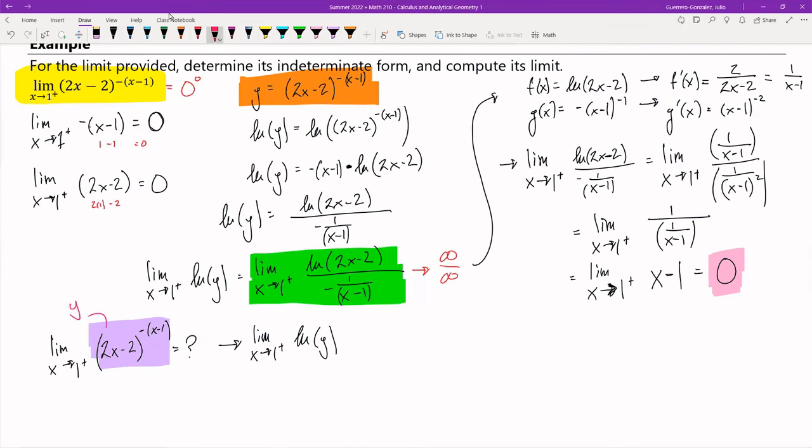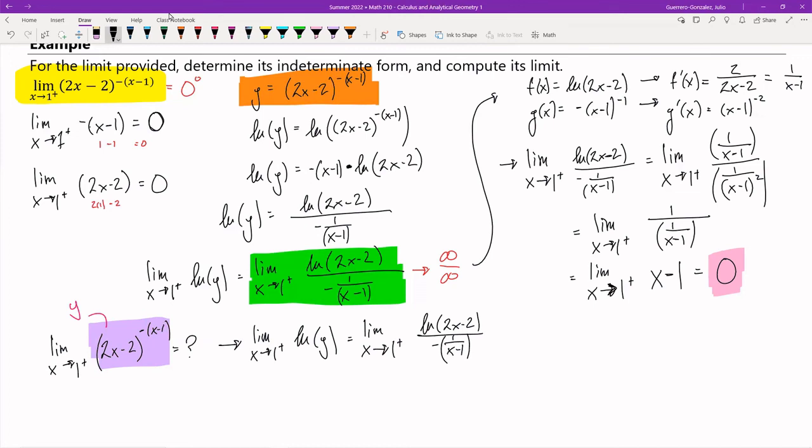Okay, so we couldn't find the limit as x approaches 1 of y, so we tried to find the limit as x approaches 1 of the ln of y. That was equivalent to finding the limit as x approaches 1 from the positive of the thing in the green, that's the ln of 2x minus 2 all over negative 1 over x minus 1.